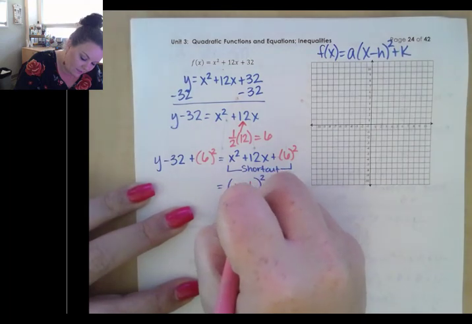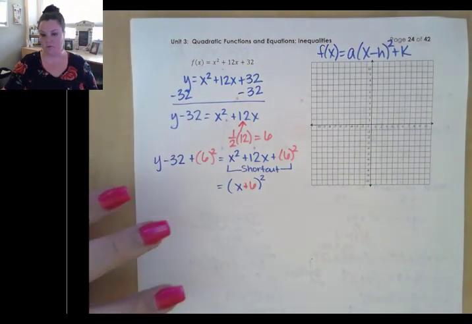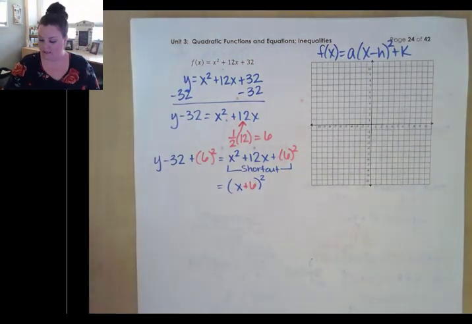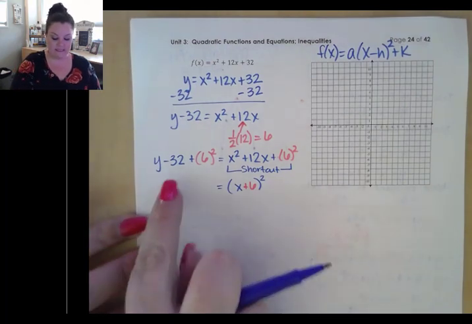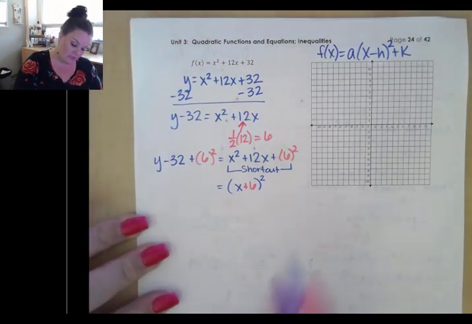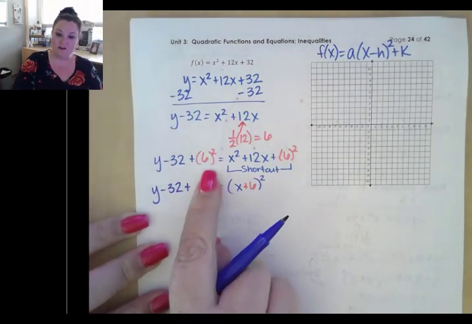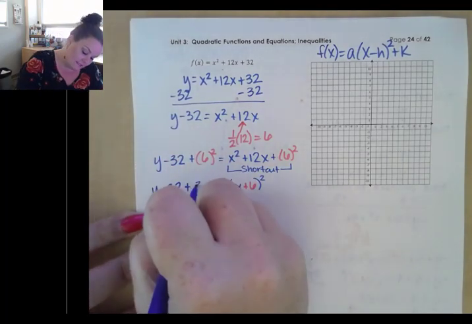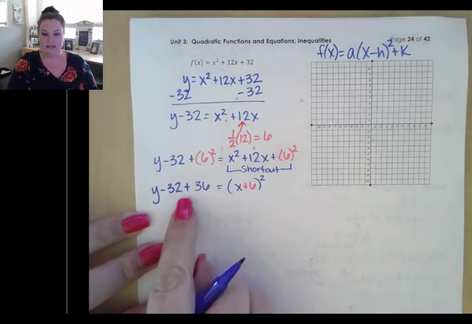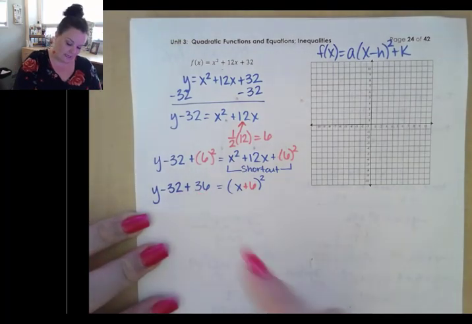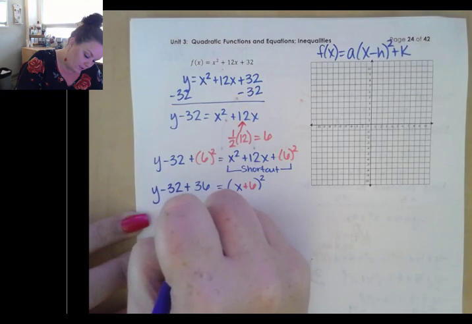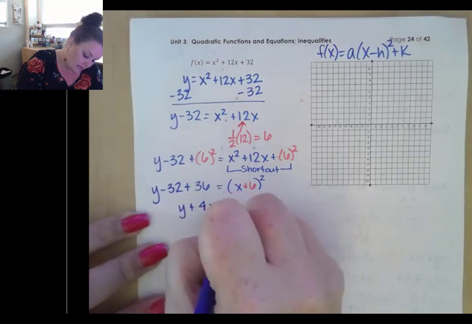So we're going to end up with the quantity x plus 6 squared. Now we just need to simplify this other side. So I have y minus 32 plus, if I square 6, that gives me 36. So now I can combine these two numbers together, which gives me y plus 4.